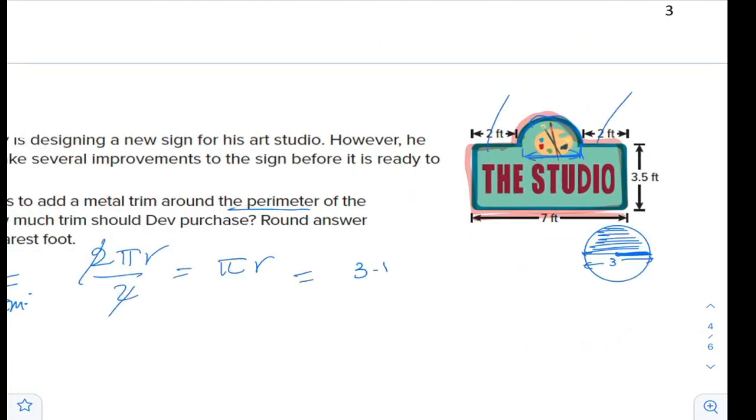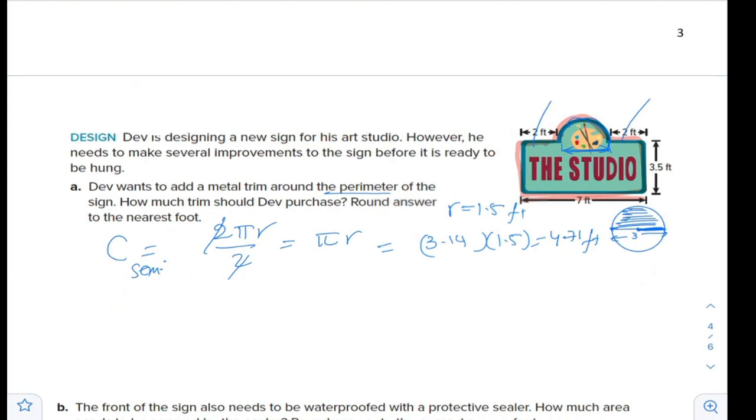That means this is 3.14 times 1.5, because our radius, as we have agreed, is 1.5 feet. If you multiply 3.14 times 1.5, it is 4.71 feet. Now, what is the perimeter?